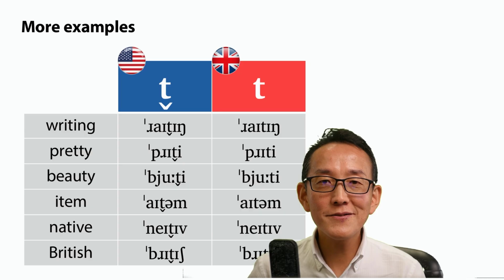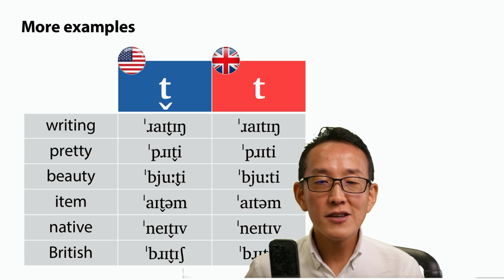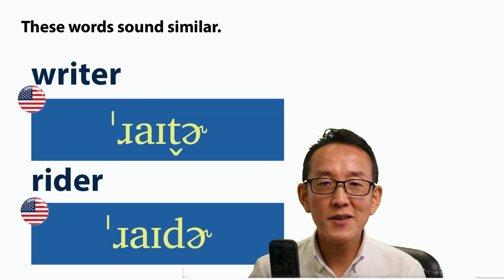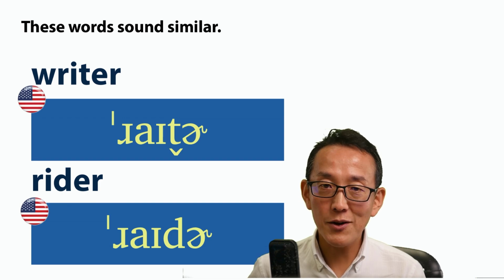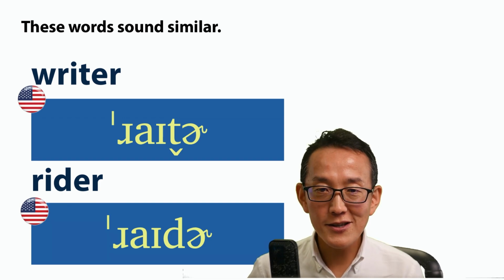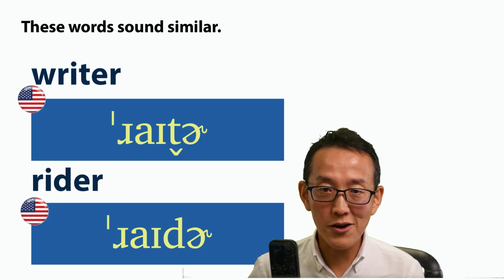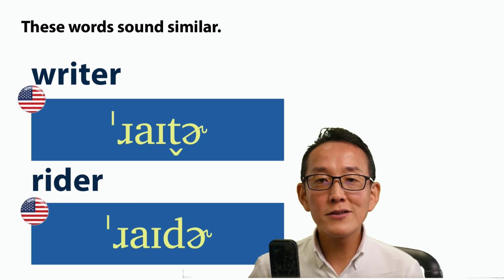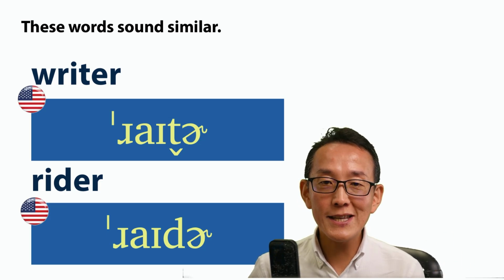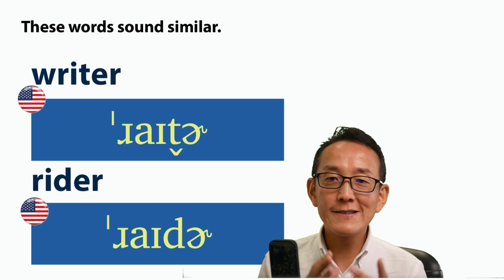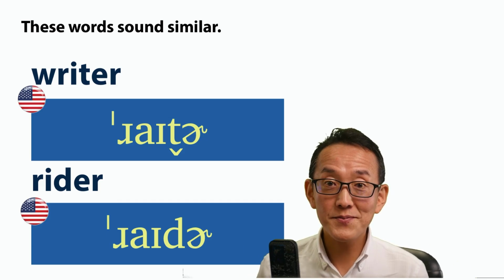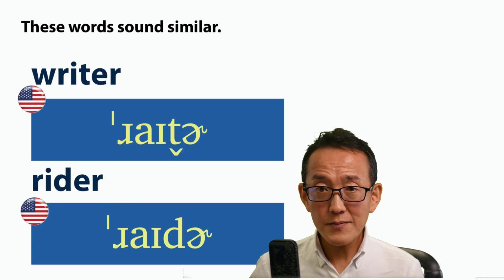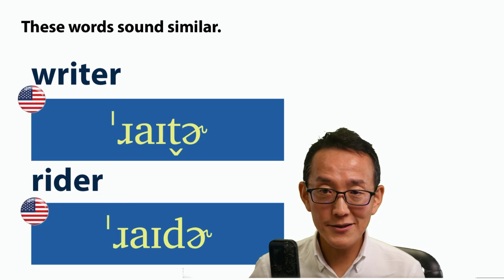There's one interesting consequence of this pronunciation in American English, such as, in the case of writer, someone who writes, and rider, someone who rides a horse or motorcycle or whatever. Because what happens is that T in writer is voiced, sort of like voiced. It sounds a bit like rider.